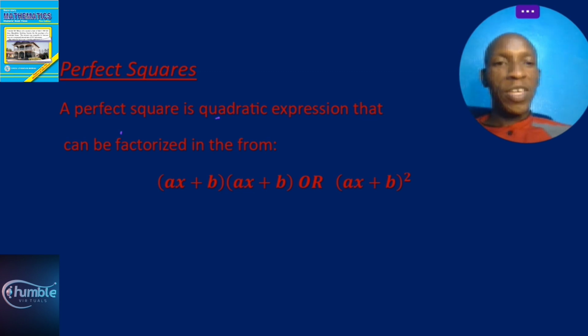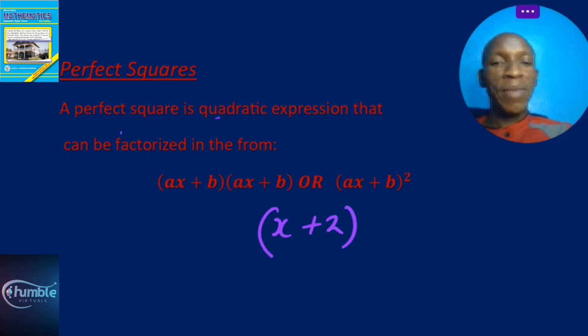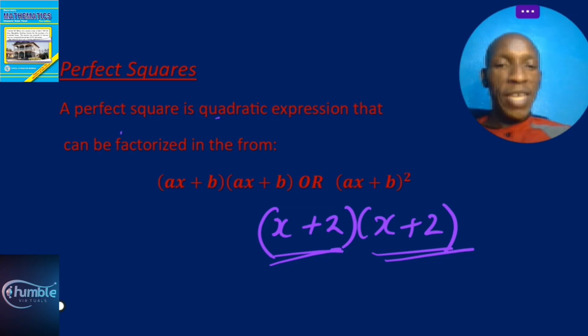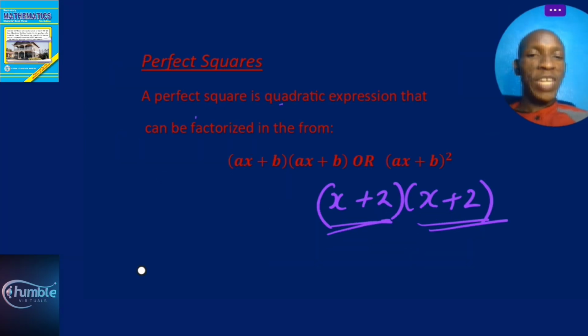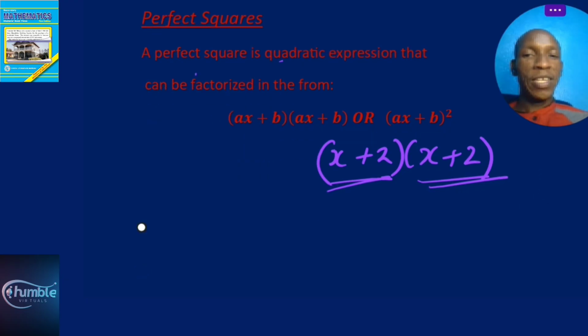For example, if the first bracket has x plus 2, then the other bracket will also have x plus 2. You realize that this bracket and this other one are the same. So if you factorize a quadratic expression and you end up with something like this, that is what we call a perfect square.